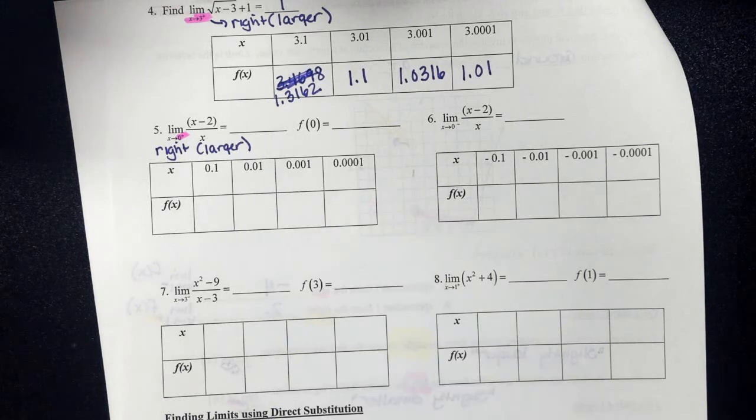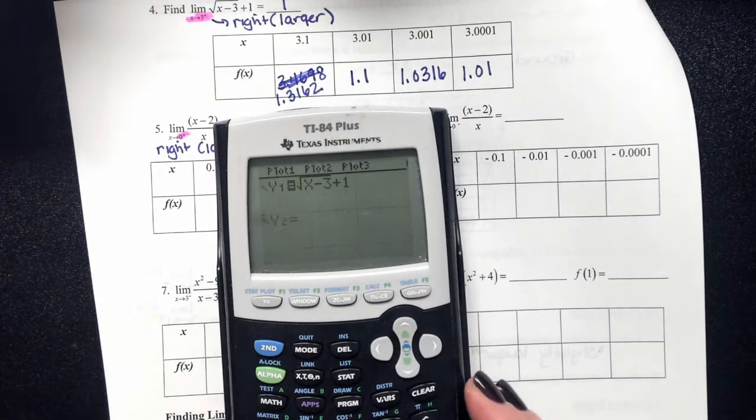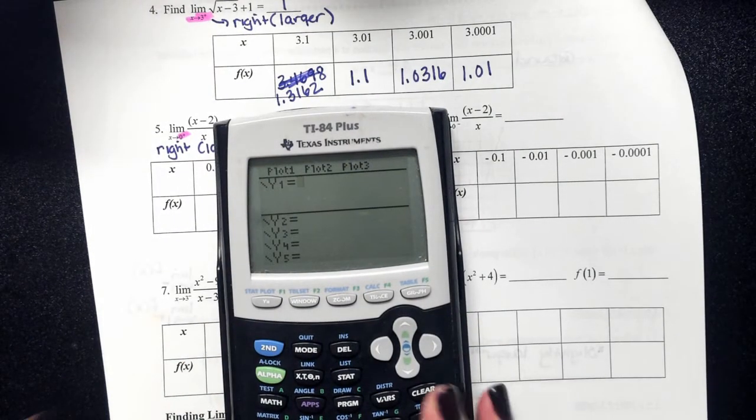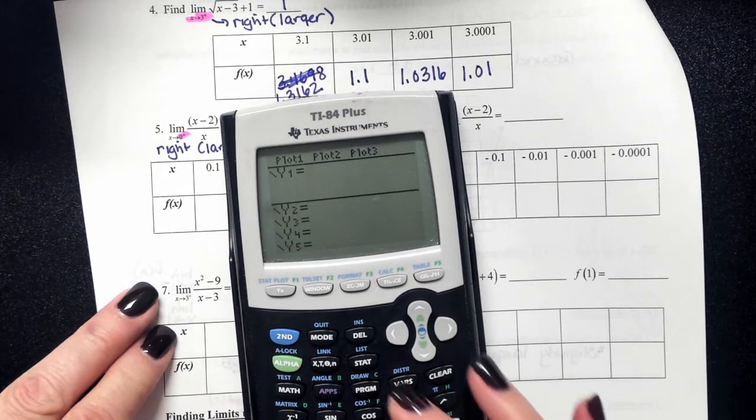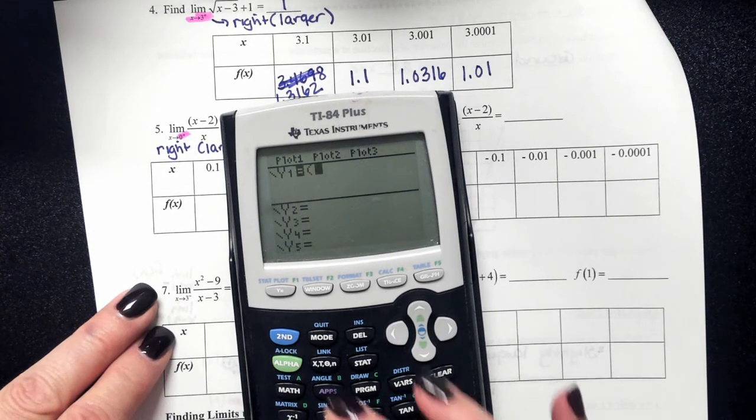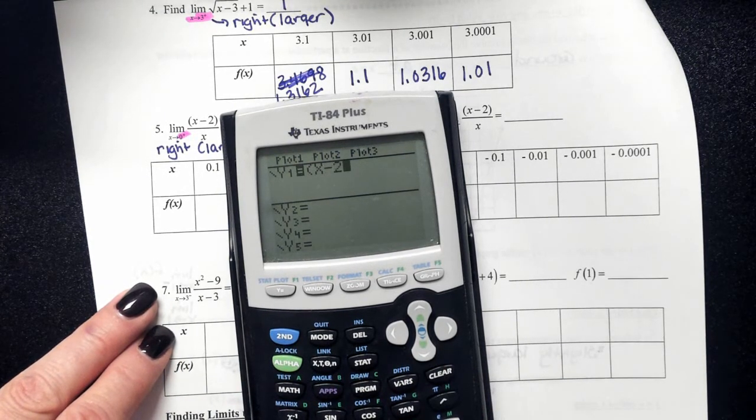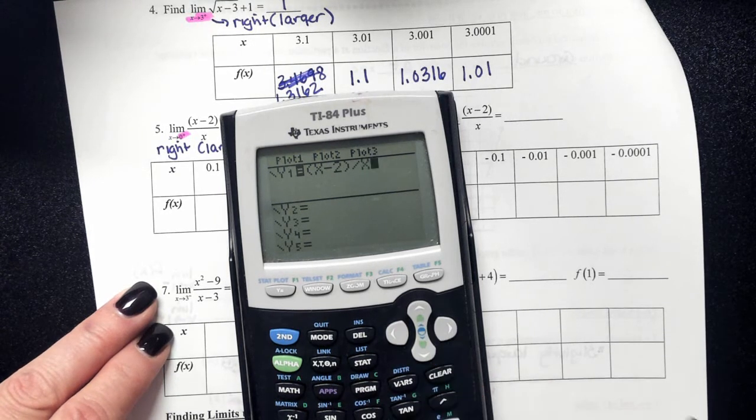All are x values slightly larger than 0, but not equal to 0. So again, I can use my calculator, go back to your y equals. Now I'm typing in a fraction, so again I'm going to do my x minus 2. Make sure you have parentheses around that x minus 2, or use your fraction bar, divided by x.